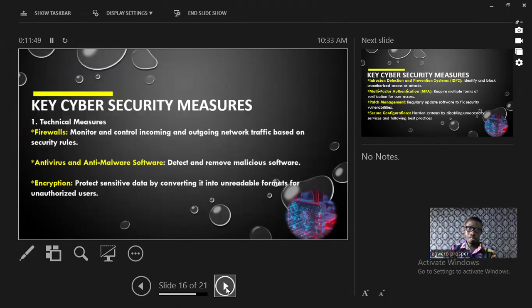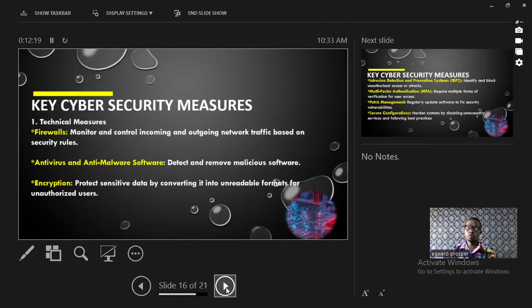Now, we said that the key cybersecurity measures can be categorized. And the first one is technical measures. So that you know, for those that missed part of the class, that's why I'm taking it this way. Firewall, antivirus, and anti-malware software. And then we got the word encryption that led to BitLocker.